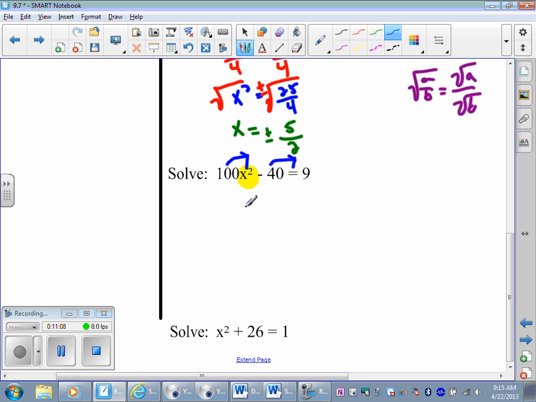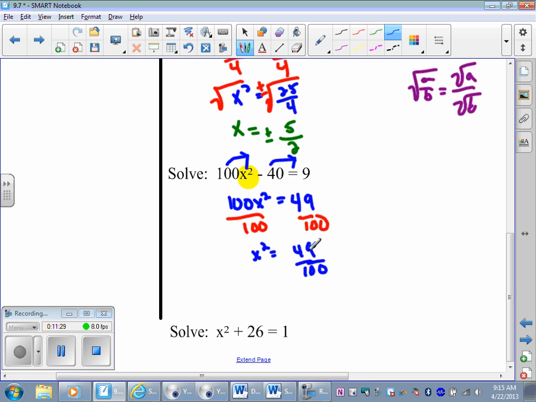So, what do I get when I do that? Well, the first thing I get is 100x squared equals 49. And now I need to divide by 100. So I end up getting x squared equals 49 over 100.